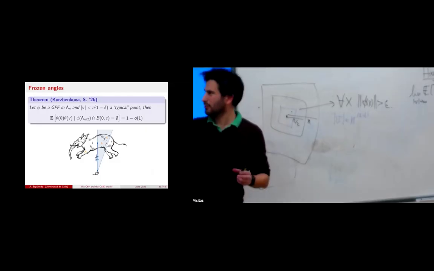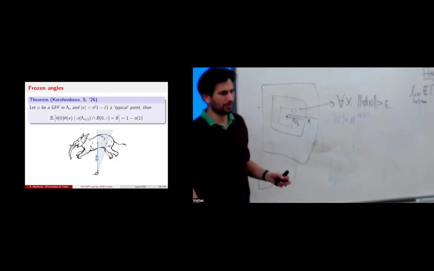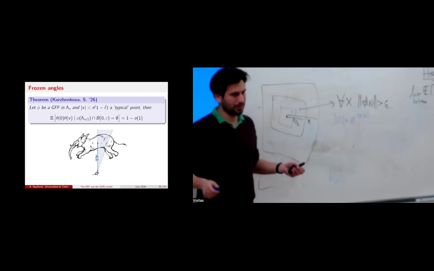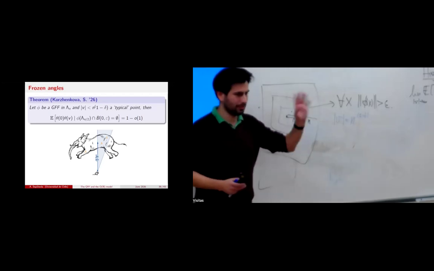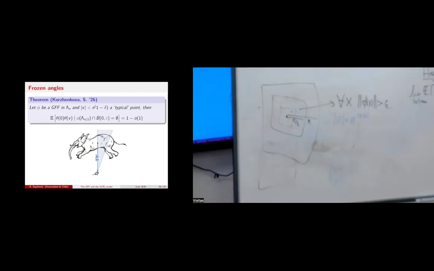And we have a typical point story which says that almost every deterministic point satisfies this, with a density of the ones that do. It just simplifies the proof, but it shouldn't matter.